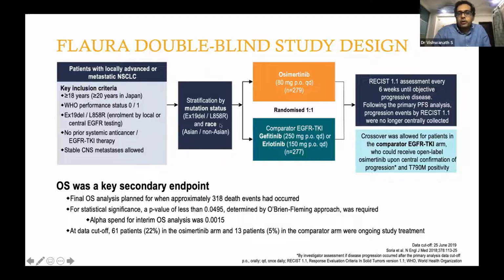And patients were stratified again based on Asian or non-Asian ethnicity and the exon 19 deletion or the L858R, and patients were randomized to Osimertinib versus comparator arm of Gefitinib or Erlotinib, and subsequent follow-up was done, and the PFS was the primary endpoint and the overall survival was the secondary endpoint. At the end of data cutoff, around 22% of the patients in the Osimertinib arm and 5% in the comparator arm were still ongoing with the study treatment.